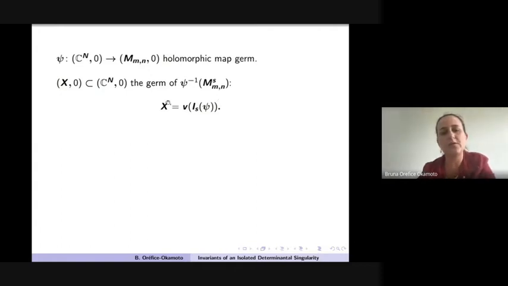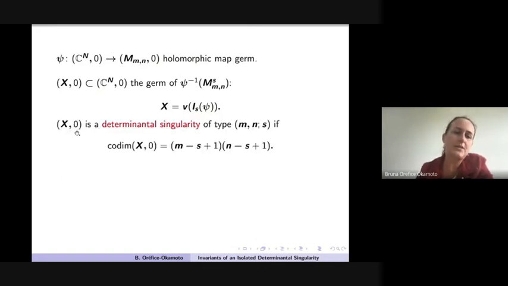Another way to say this, I just consider the psi as a matrix of function germs. Then I consider the ideal generated by the minors of size s of psi, and X will be the variety of this ideal.